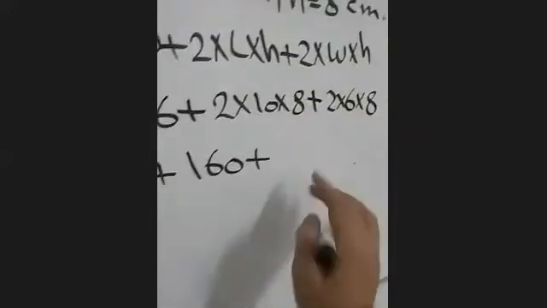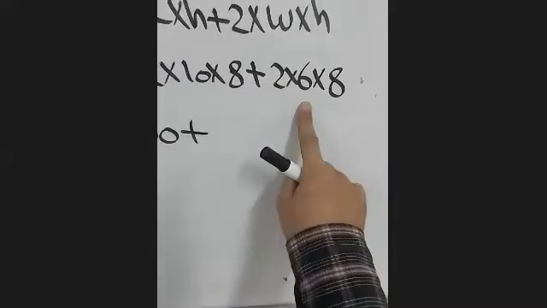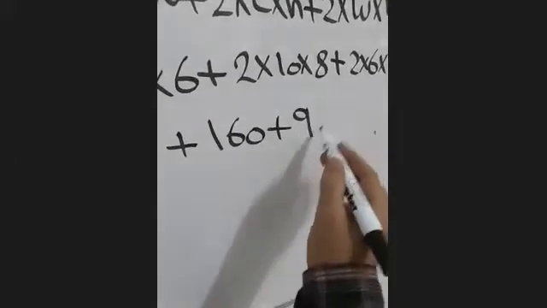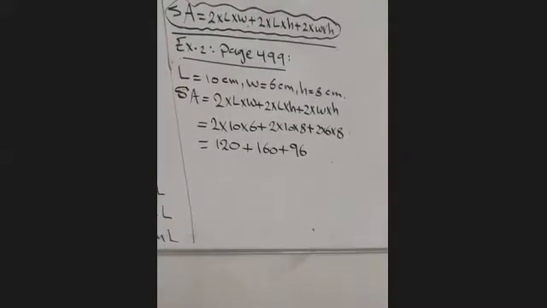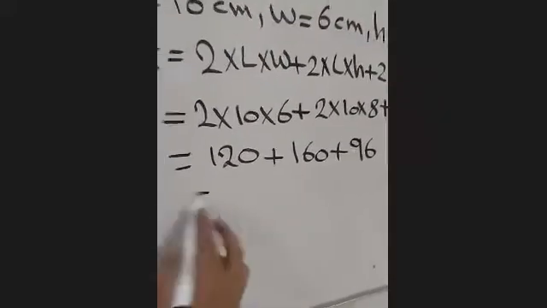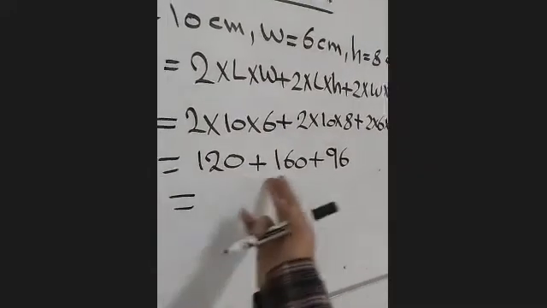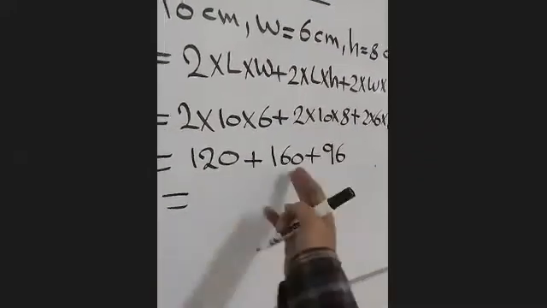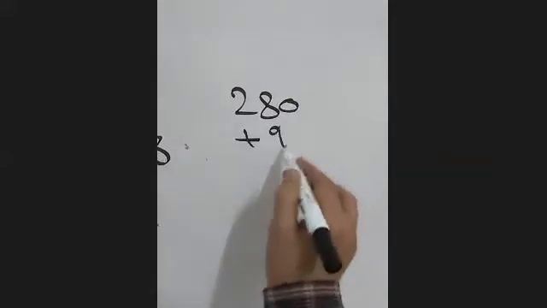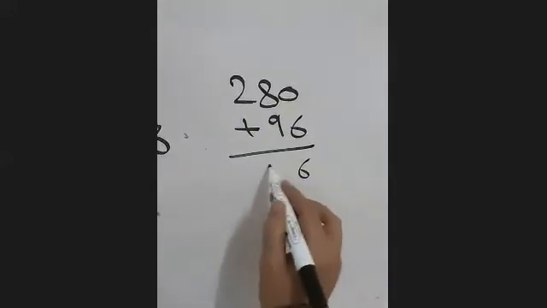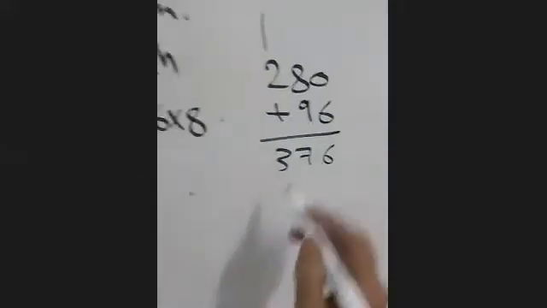Plus 2 times 6, 12. Multiply 8, 96, right? Now we add these numbers. Here we have 120 plus 160 plus 96, so 280 plus 96.